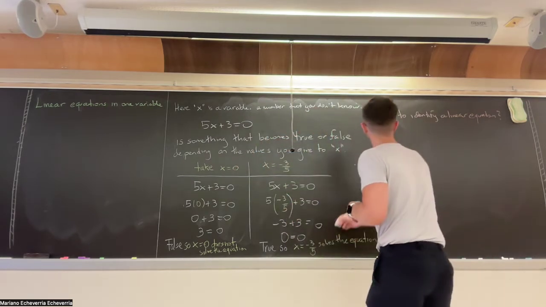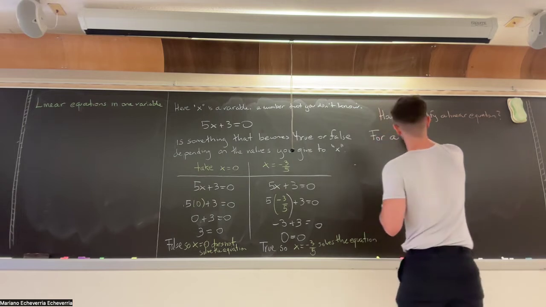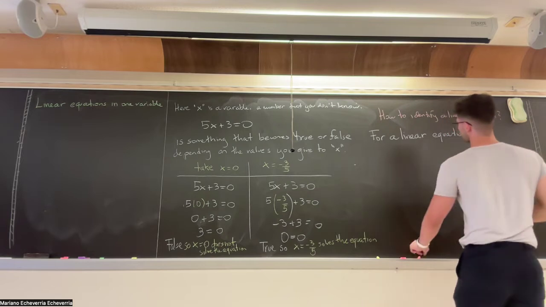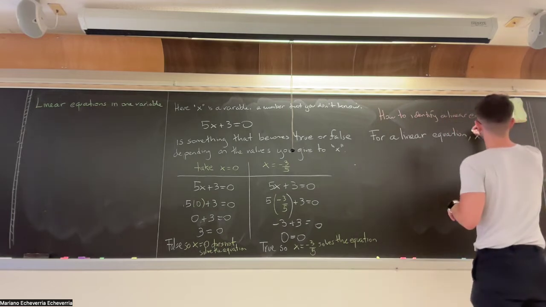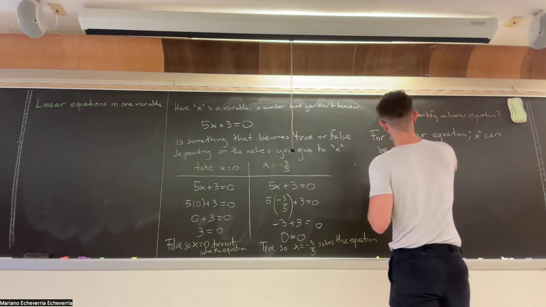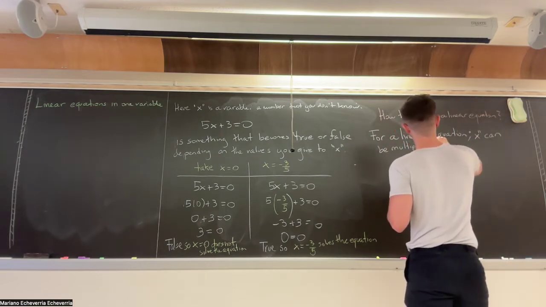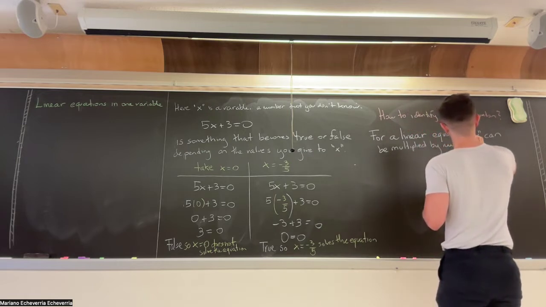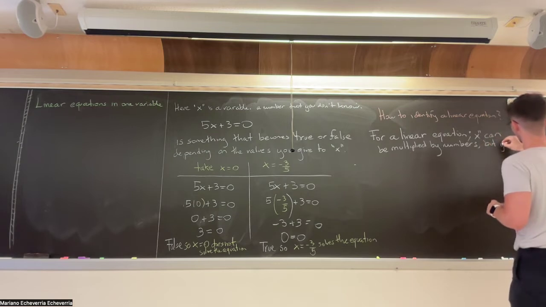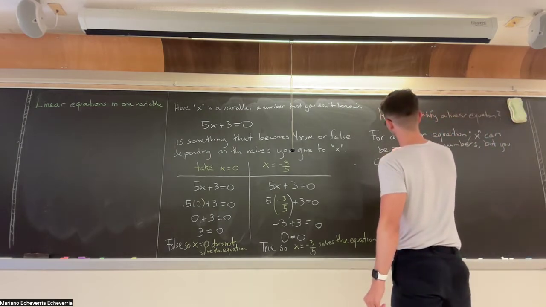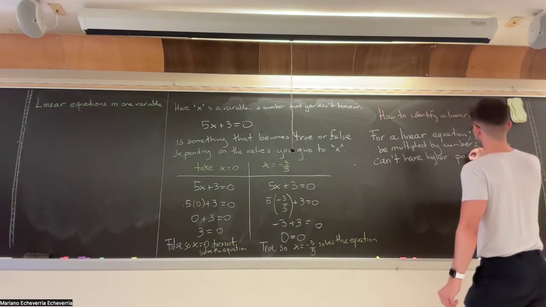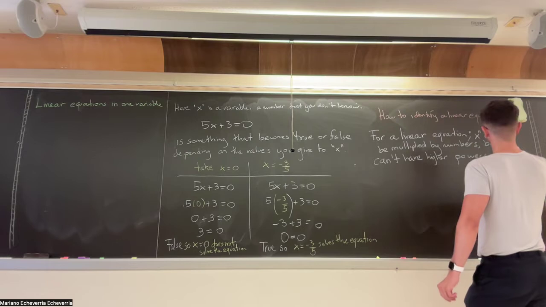So for a linear equation, x can be multiplied by numbers, but you cannot have higher powers of x.